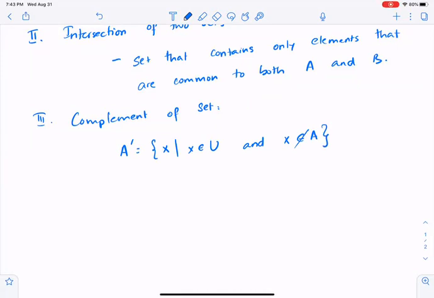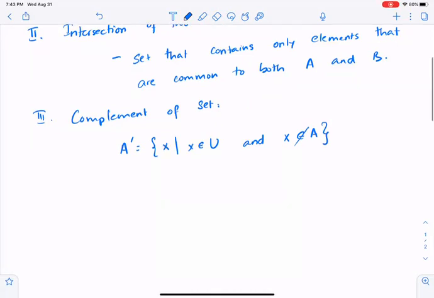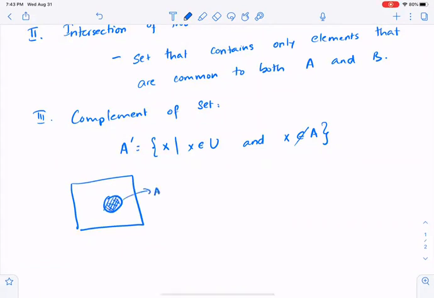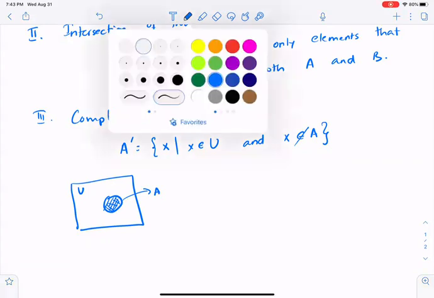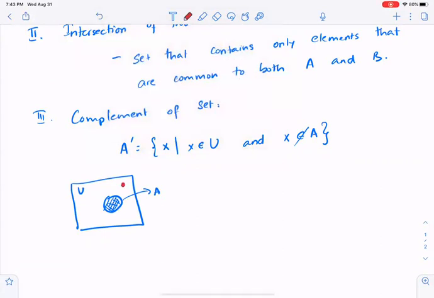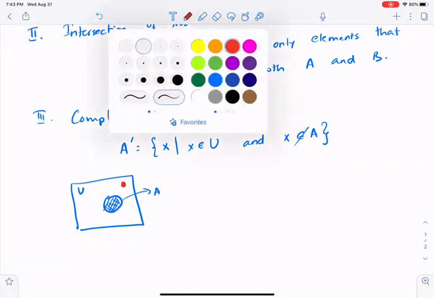So going back to Venn diagrams, if I call that to be set A, that's U, everything that is not part of A will be in A complement. So the red dot will be in A complement.